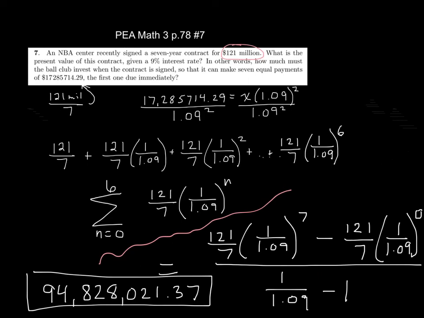And you should think about it in terms of the answer and say, okay, that makes sense because I want 121 million. It should be a little bit less than that. Not a lot less, you know what I mean. It makes sense because that's 9%. Okay, questions?